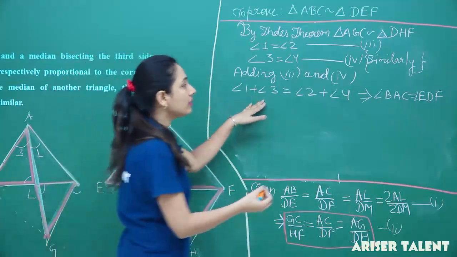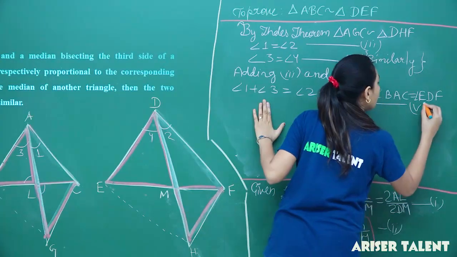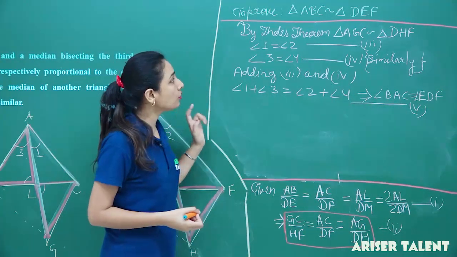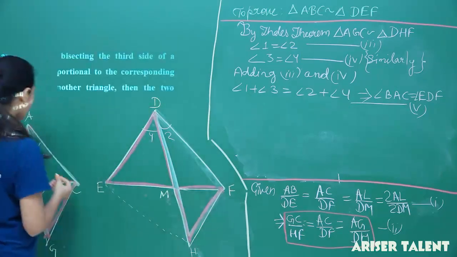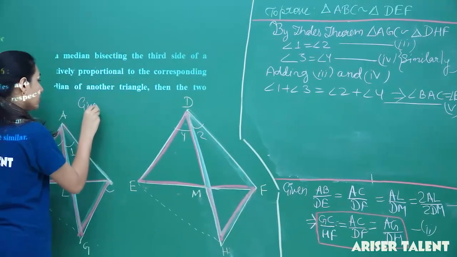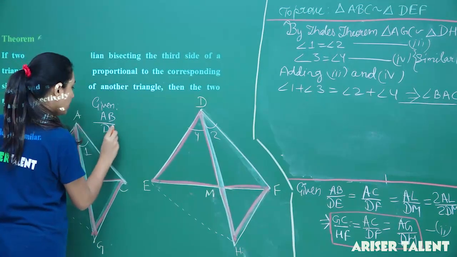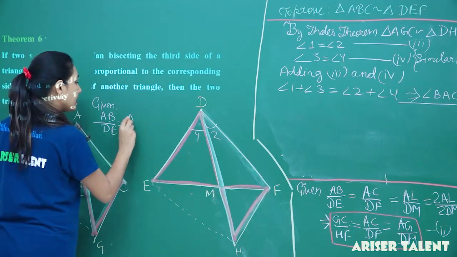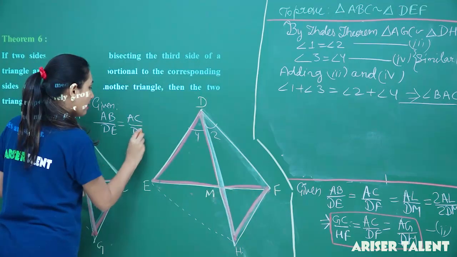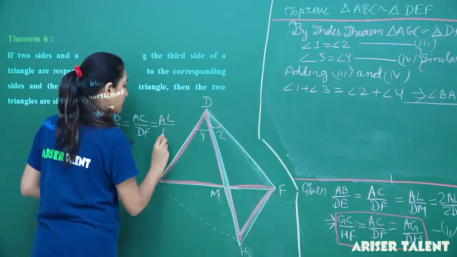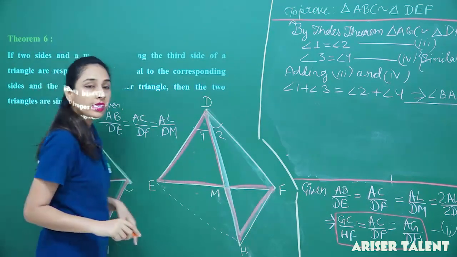Now you have this 5th equation, and students, by the proportion given to you, what you have is given that AB by DE equals AC by DF equals AL by DM. Okay.